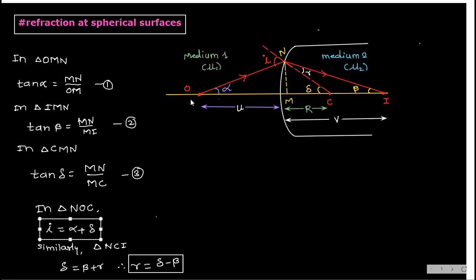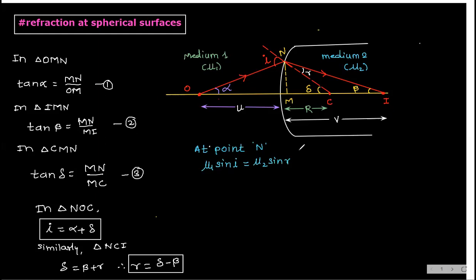I am using it at point N. At point N, we will change color. Okay, look, at point capital N, using Snell's law obviously, mu1 sin of I is equal to mu2 sin of R.